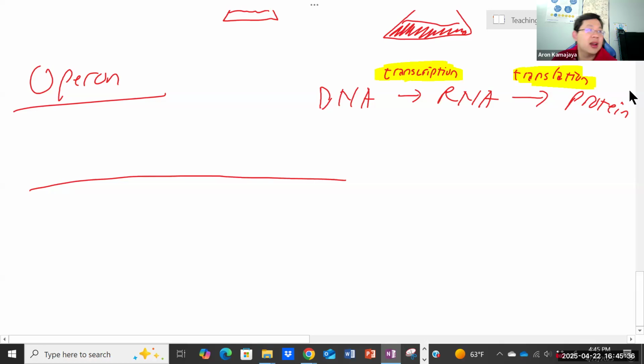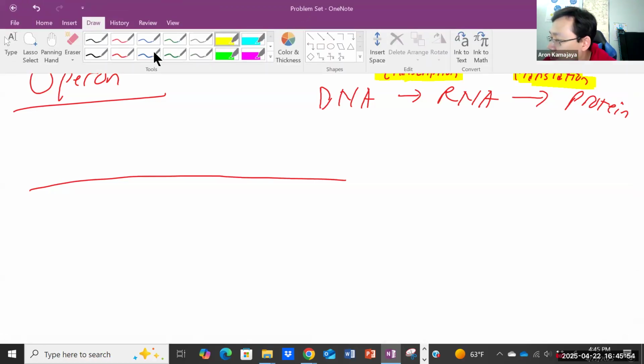That is correct. So yes, transcription in eukaryotes happens inside the nucleus, but bacteria don't have a nucleus. Remember, E. coli has no nucleus. So therefore, it happens in the cytoplasm. But the segment of DNA where transcription starts is what we call the promoter.